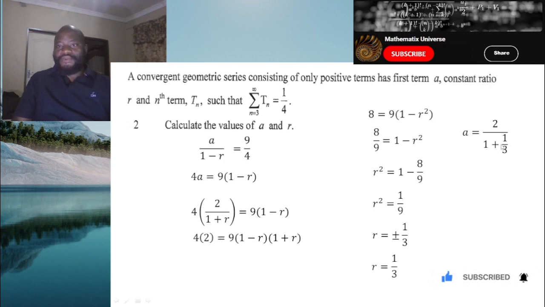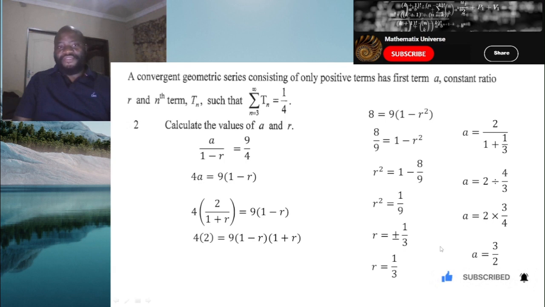Then 1 plus 1 over 3 is 4 over 3. So this is 2 divided by the 4 over 3 here. Then we flip the fraction when we change the division to multiplication. And then the 2 goes into the 4 twice. So it means a is 3 over 2. So this is our a.